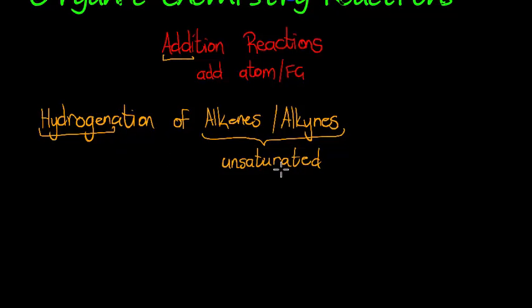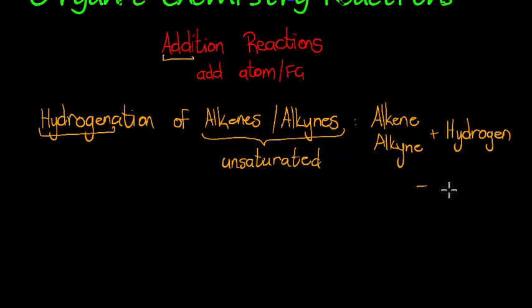Okay, so hydrogenation was when we had an alkene or an alkyne plus a hydrogen. And that produced an alkane, which is a saturated hydrocarbon.